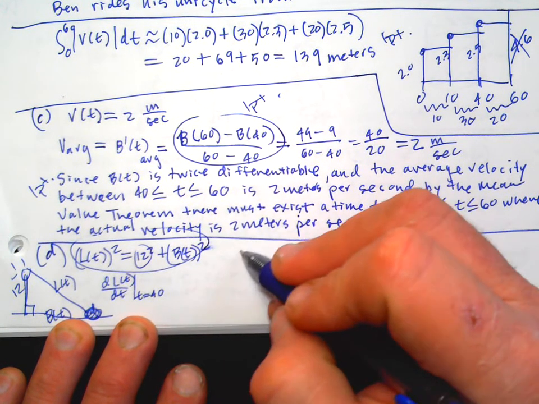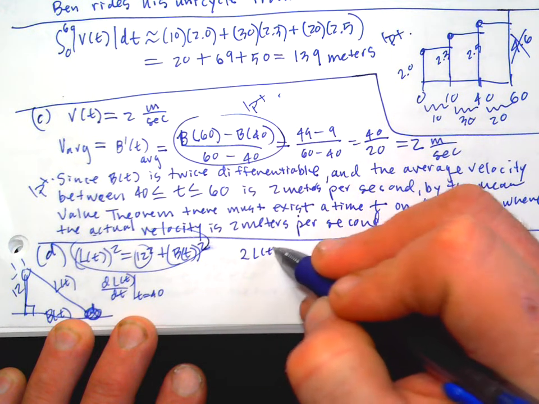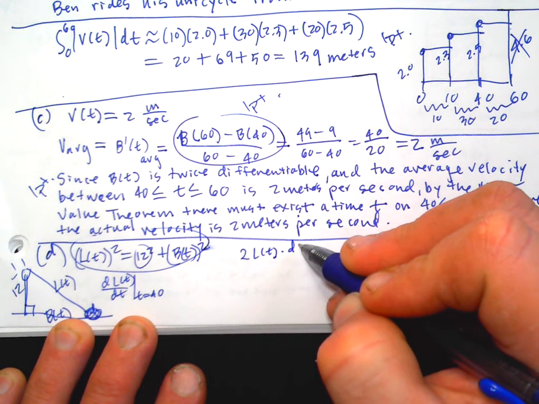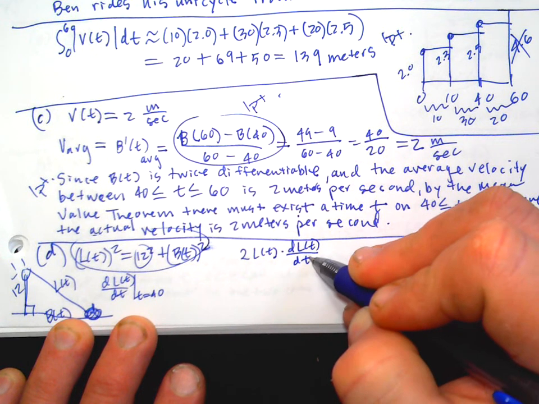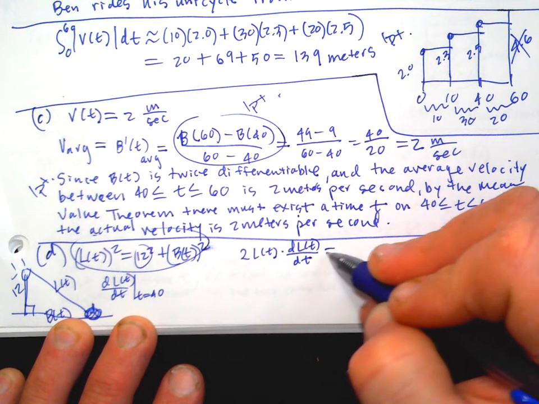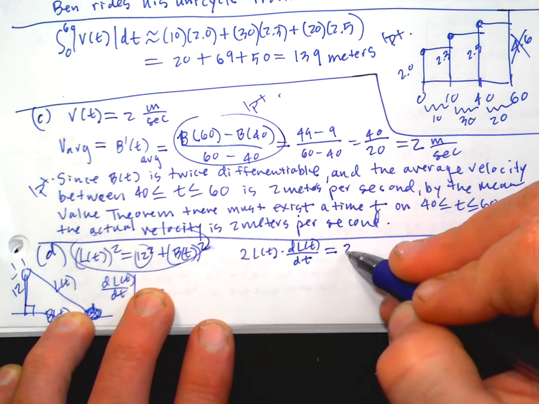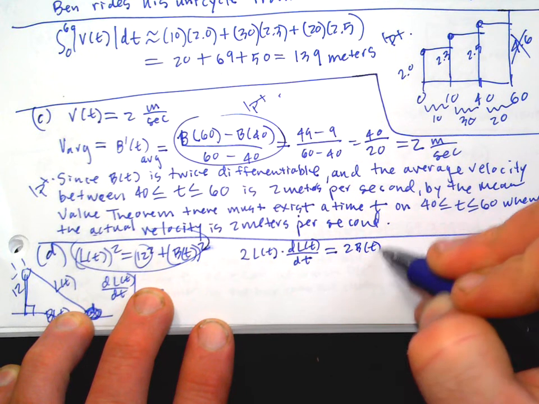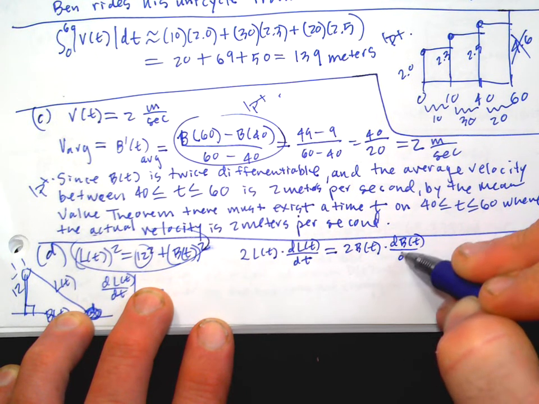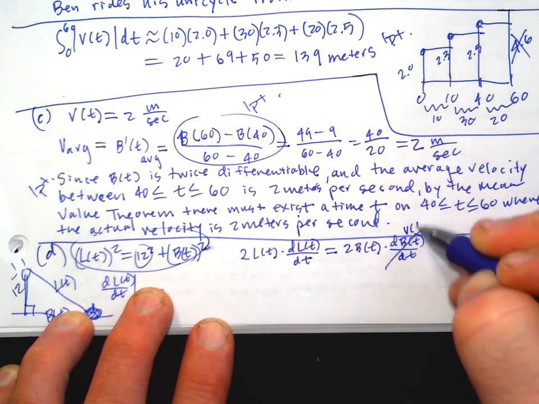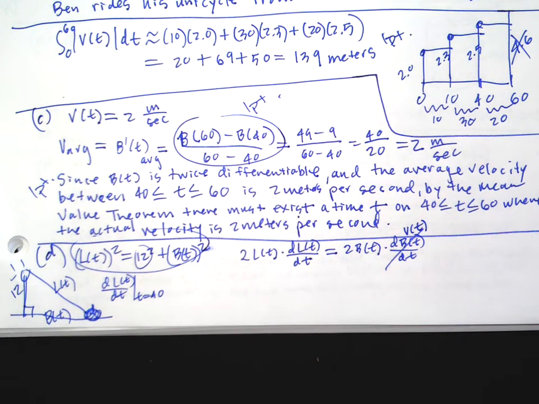So it's going to be 2 L(t) dL/dt, or L prime if you want, equals the derivative of 12 squared, which is 0, plus 2 B(t) dB/dt. Now, by the way, this is velocity, right? The derivative of Bin's position, B versus time, is velocity.